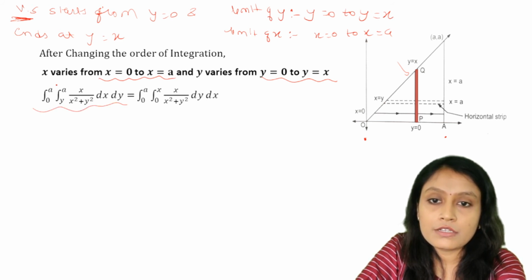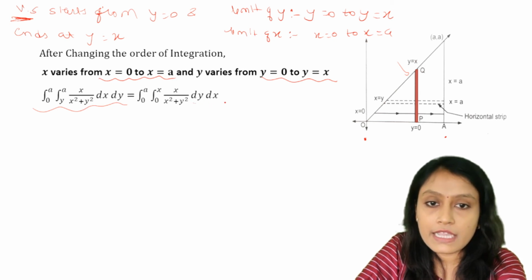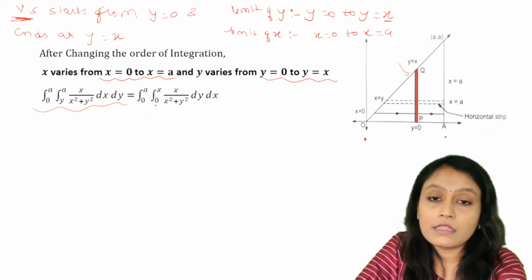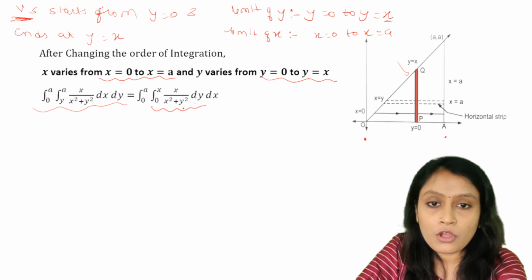Now we will write the integration that is given in the question. This is integration 0 to a, y to a, x upon x square plus y square dx dy, and we have changed the order. So here we have dy dx. To write the limits, the variable one we will write inside, that is integration 0 to x, and the constant 0 to a we will write outside. Now we will evaluate this integration firstly with respect to y, keeping x as a constant.